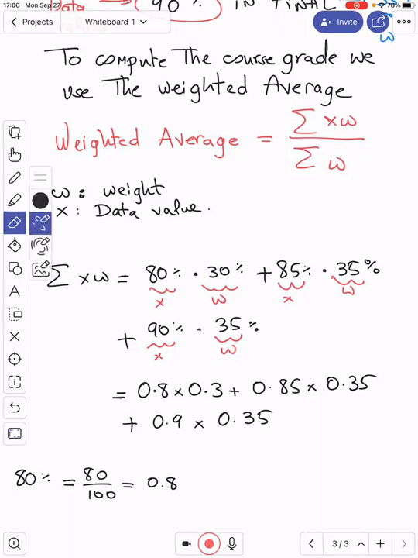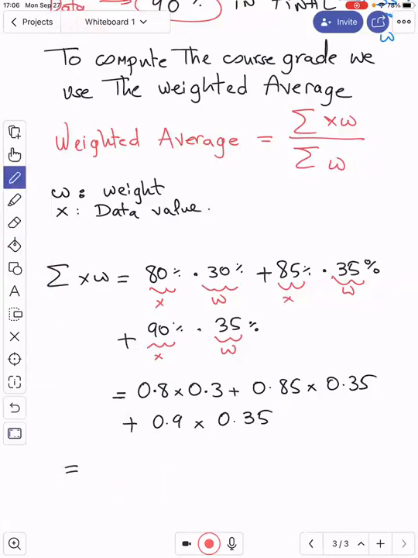All right. I'm probably going to erase this. So 0.8 times 0.3, that would be 0.24.